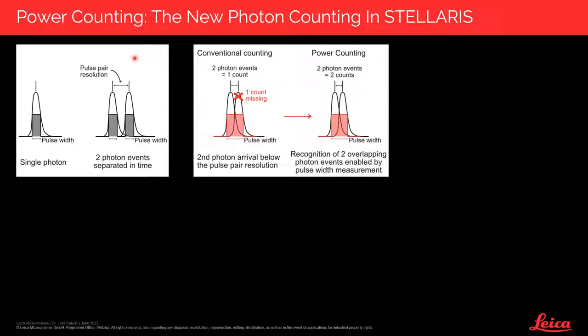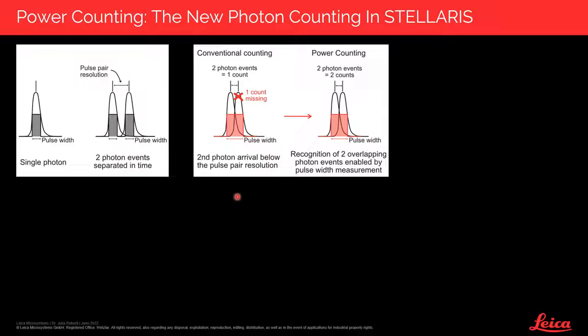In principle, we can also detect two photon events separated in time. So we have the pulse width defining these photon detections, and a second parameter to characterize, the pulse pair resolution, which gives us the temporal spacing in the arrival of the photons.